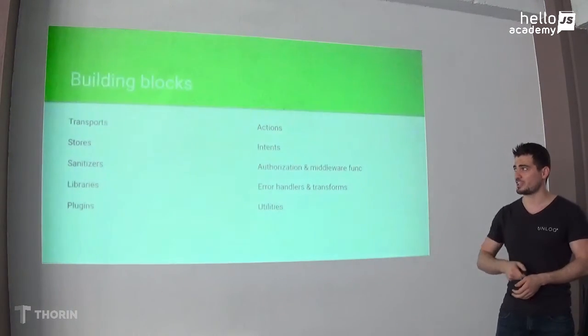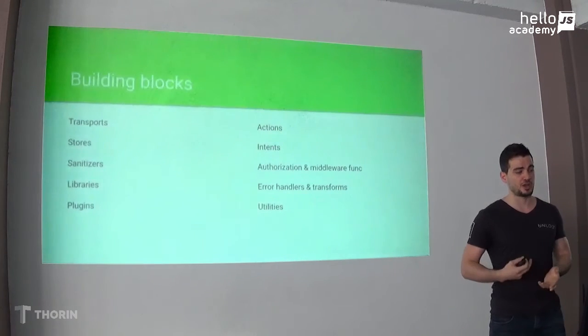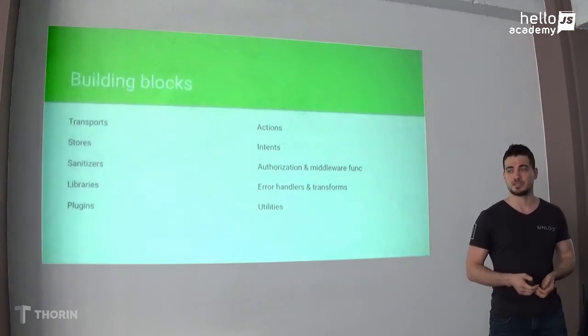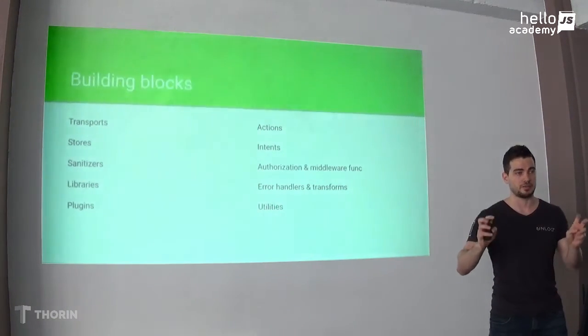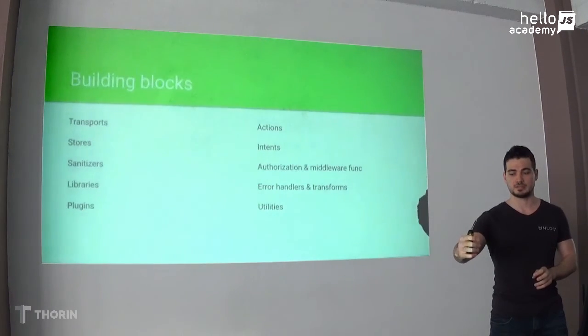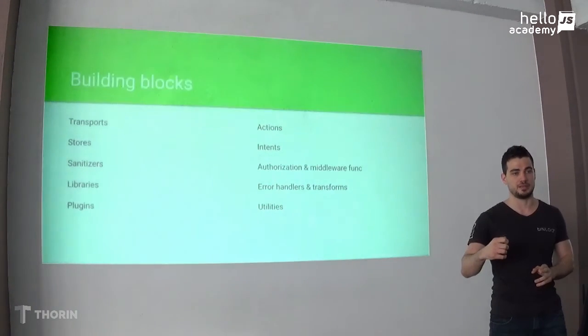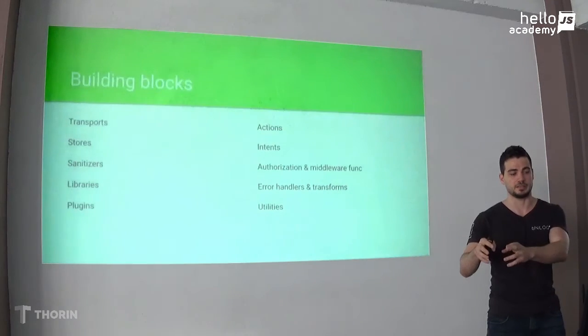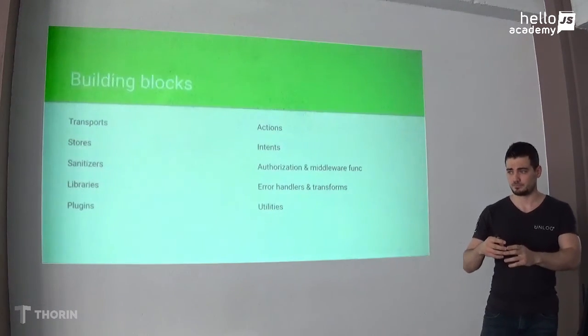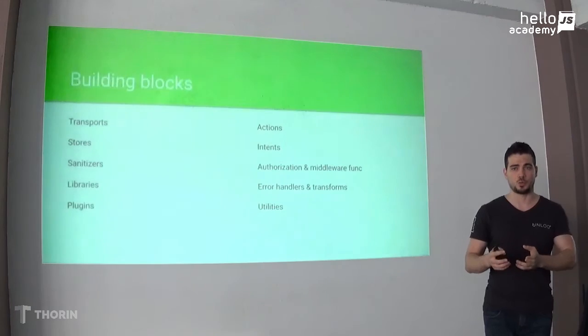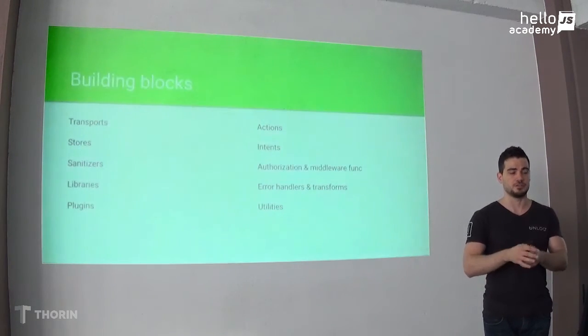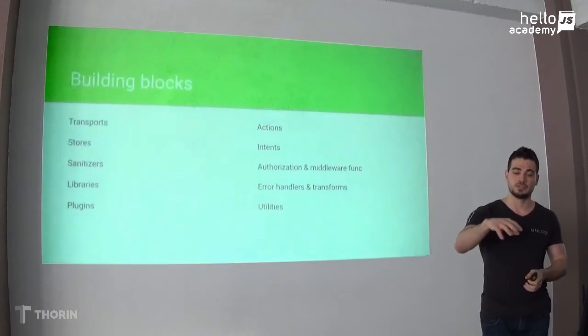So first we have transports. In essence, the transport in Thorin is a mechanism, a highway that gets data from one source and makes it in such a way that Thorin understands it. So it unifies the input data.